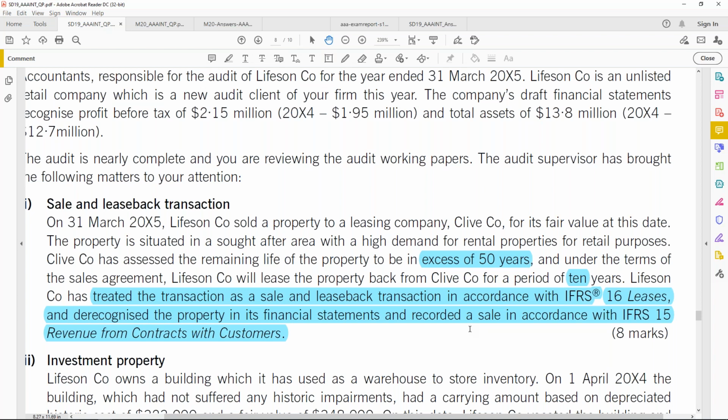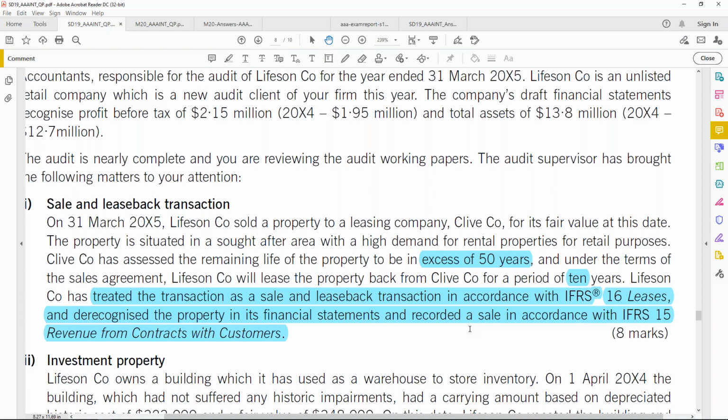Right. So, do you agree that Lifeson company has rightly de-recognized the property? I think the lease life is very short, 10 years, and the remaining life of the property is in excess of 50 years. So I think the control has passed to the buyer, right?